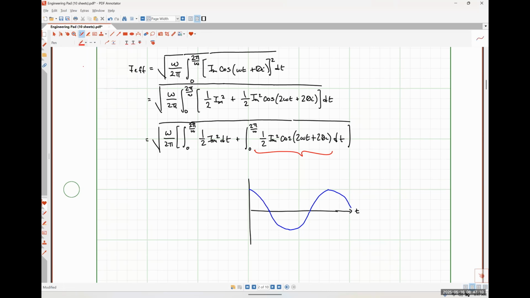This distance from here to here is our T equal to 2 pi over omega. So this blue curve that I've just drawn is our signal oscillating at an angular frequency of omega. Well, the thing that we're integrating is oscillating at a frequency of twice omega. So it should be repeating 2 cycles for every 1 cycle of our original signal, so it should look something akin to this.